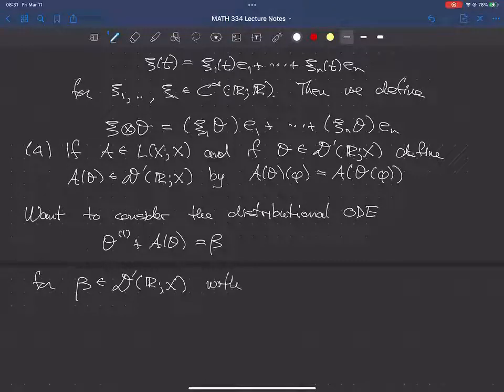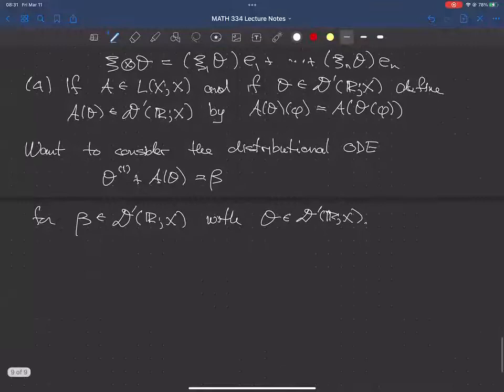And our solution, theta, should similarly be a vector valued distribution. All right, so we're going to do that in a special case, just like we did for scalar equations. I'm going to call this equation 2.